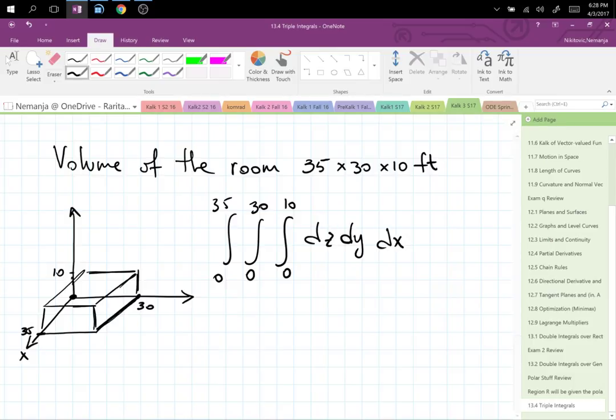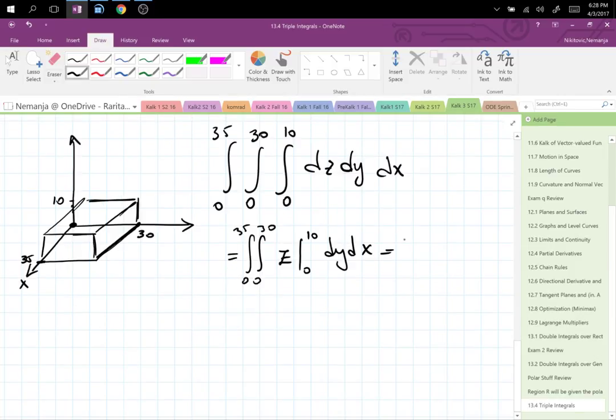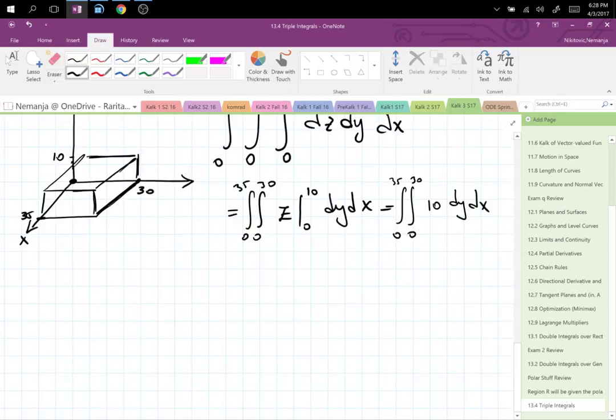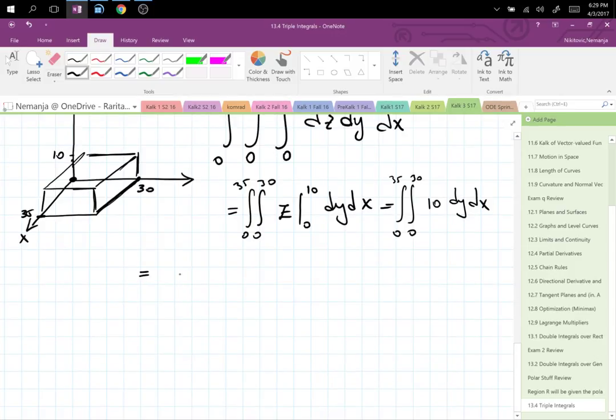So now we integrate the inner integral first, which would be z computed from 0 to 10. We still have dy dx to deal with. And that gives you the double integral 0 to 35, 0 to 30 of 10 dy dx. Then you're integrating y.